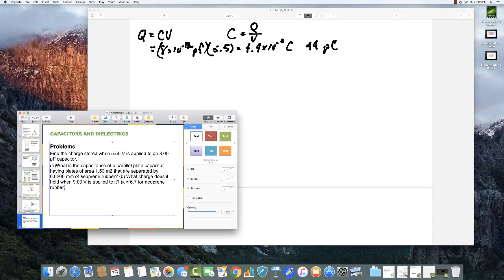Now the second question here is, what is the capacitance of parallel plates having an area given here, separated by this distance of neoprene rubber, and it gives the K for neoprene rubber as 6.7.